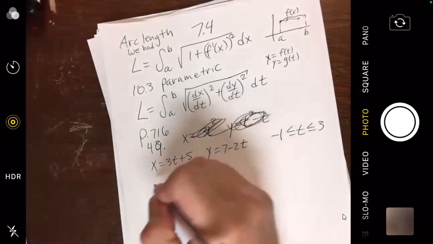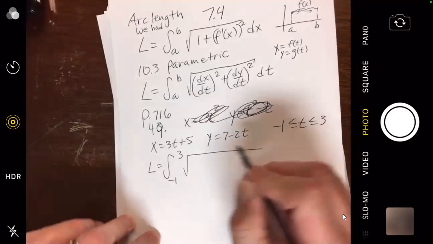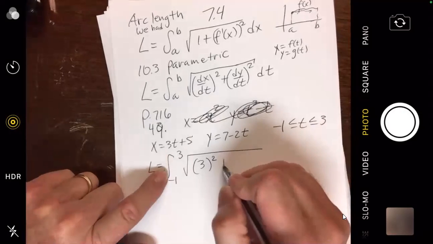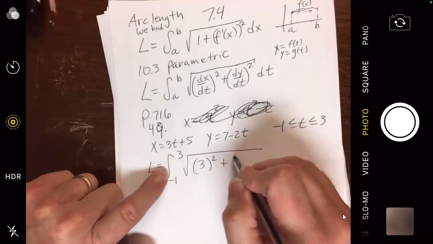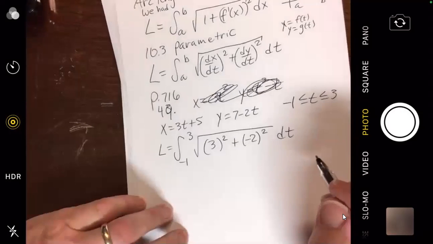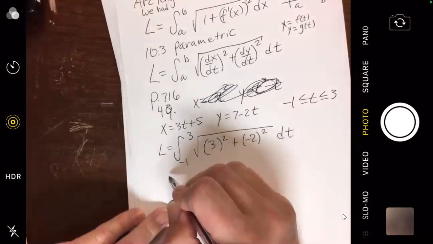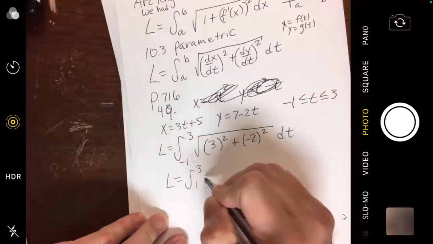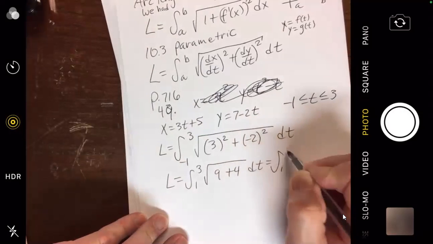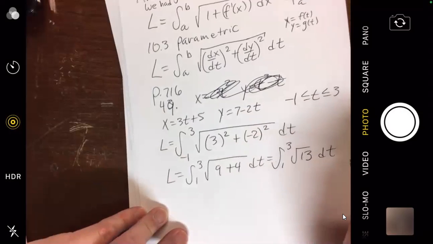Your arc length would then be the integral from negative 1 to 3, big square root, your dx/dt is just 3 squared and your dy/dt is negative 2 squared, dt. This is easy enough. You could work it out by hand because this is nothing but a constant. You'd have length equals the integral from negative 1 to 3 of the square root of 9 plus 4, which is the integral of the square root of 13 dt.